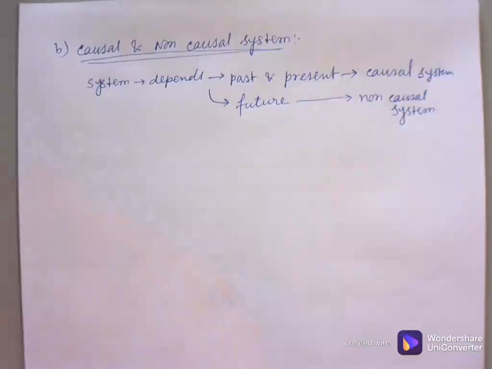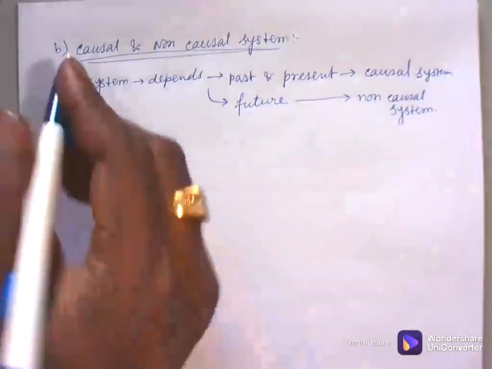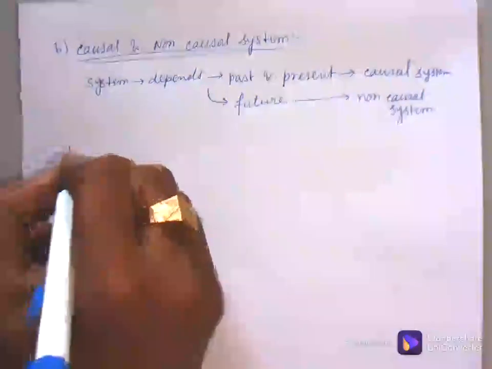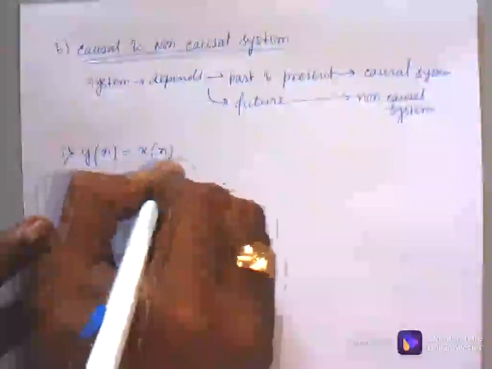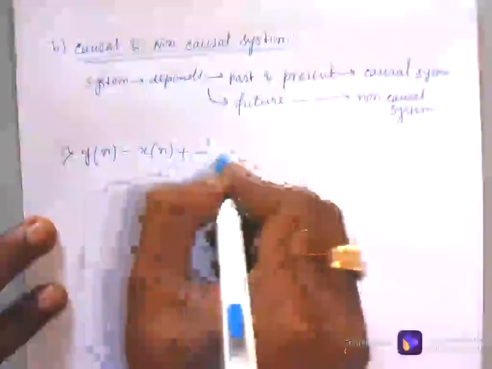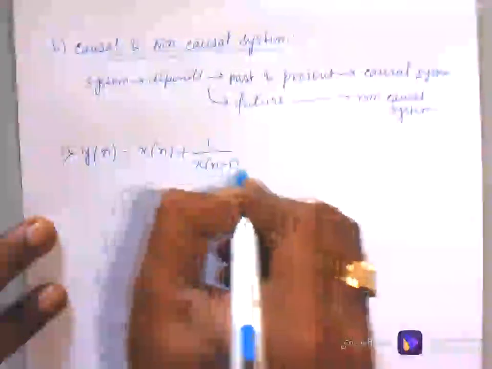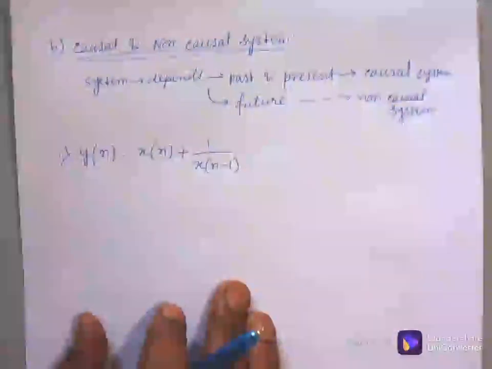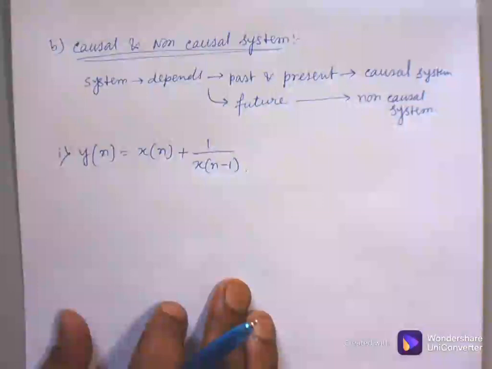Okay, I am giving you another example to find out the causality. Suppose y[n] is given as x[n+1] by x[n-1]. Now what will you do?